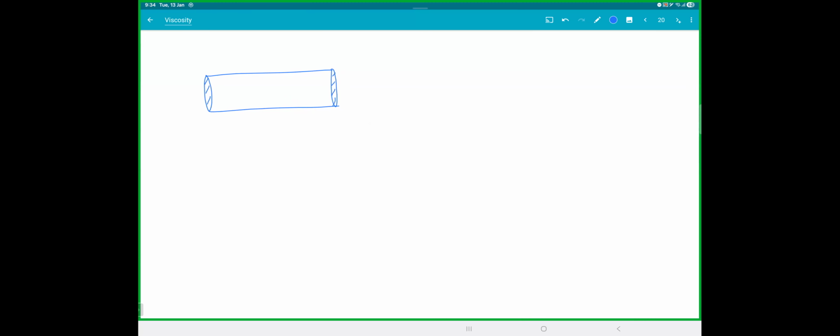What do you mean by steady state here? Each layer has a constant velocity. The layers can have different velocities, but they're not changing with time.